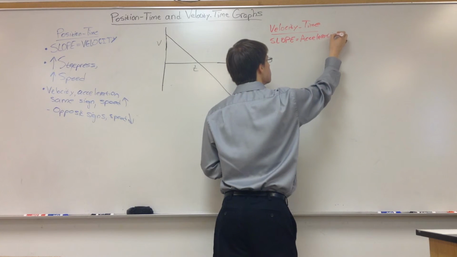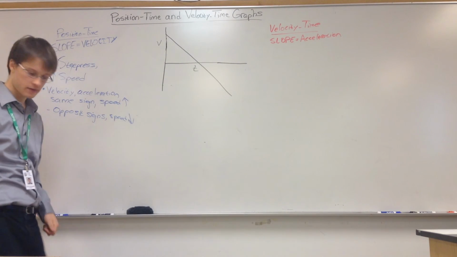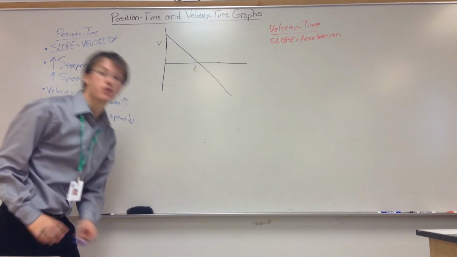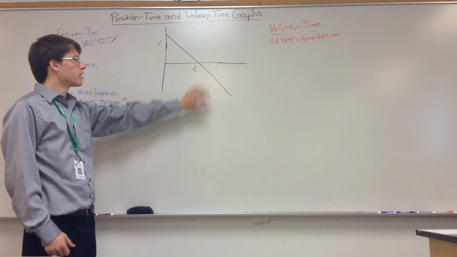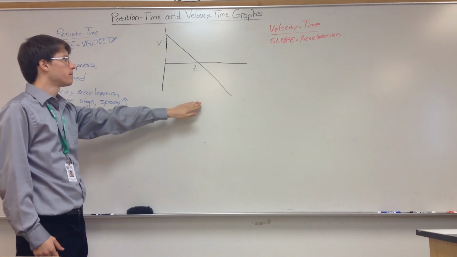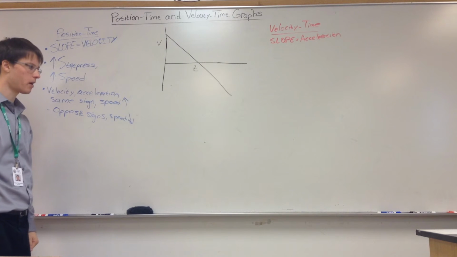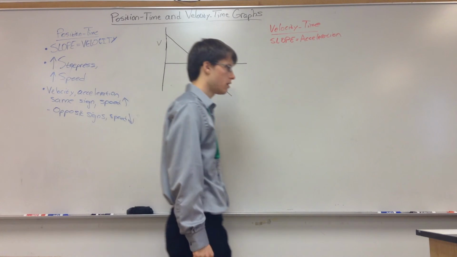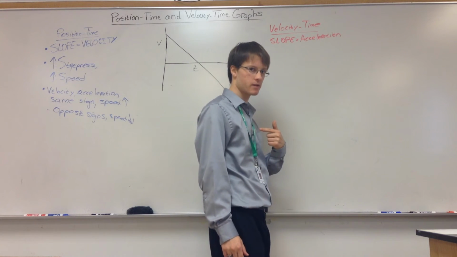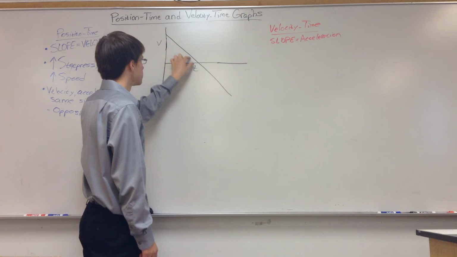And that means the steepness is the magnitude of the acceleration, and the sign of the slope is the direction of the acceleration. So here we have a negative acceleration, right? We have a negative slope, negative acceleration. We start with a positive velocity. So if I have a positive velocity, I'm moving in the positive direction, but I eventually switch to negative velocity, right?